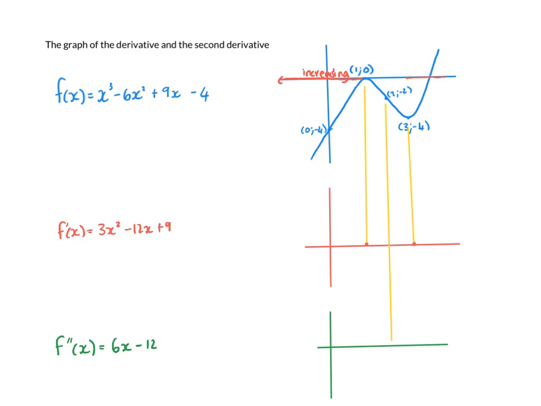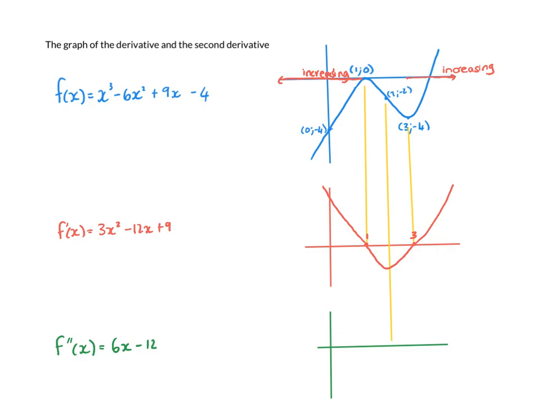When the original graph is increasing, I know that my y values for my derivative will be positive, meaning they'll be above the x-axis. That means I can finish my parabola by drawing the rest of the graph. The decreasing section of the original graph will be below the x-axis of the derivative.